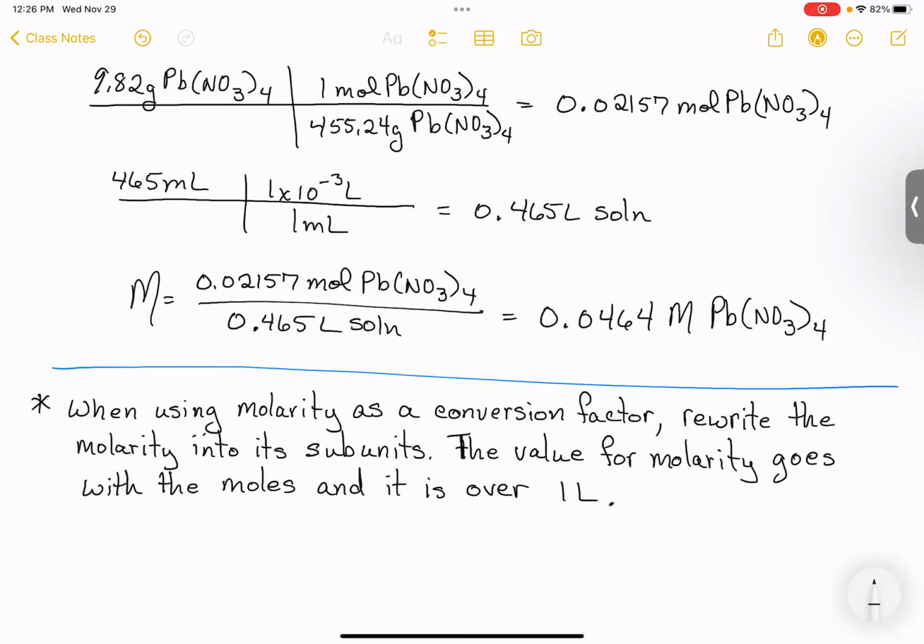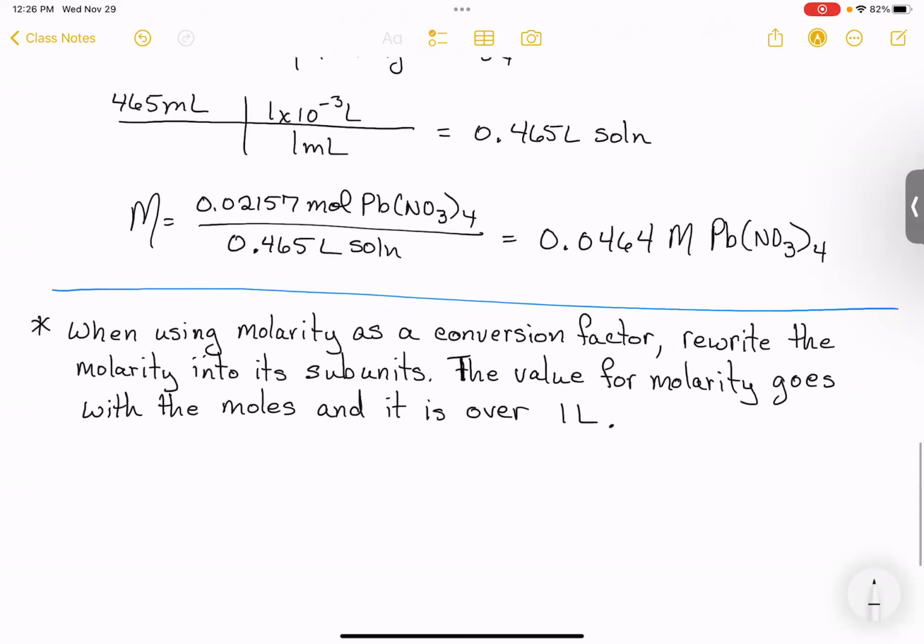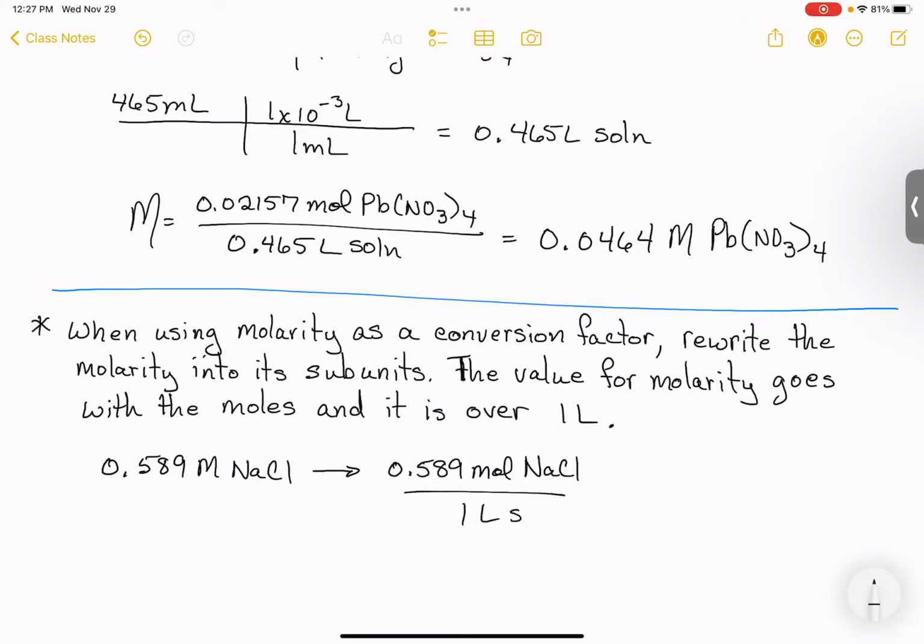So I want to illustrate what I'm getting at. If I have a 0.589 molar NaCl solution, I take the couple of seconds it requires to rewrite this to be 0.589 moles of NaCl over 1 liter of solution.